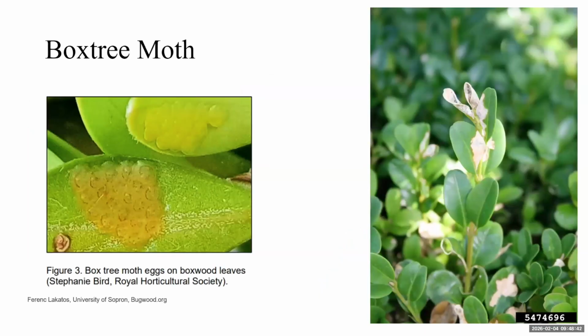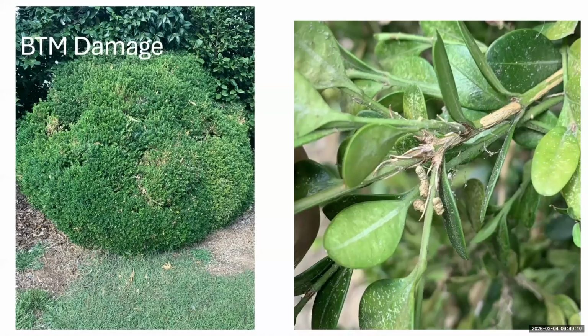So I have here, and I'll go ahead and pass these around. If you look at the leaf, there's some things on there. Those are the eggs. They're yellowish in coloration, and as the caterpillar gets close to hatching out, you'll see the head capsule. It's really dark, so they're hard to see. And then over here, we've got some early feeding of the caterpillar that has come out to the edge.